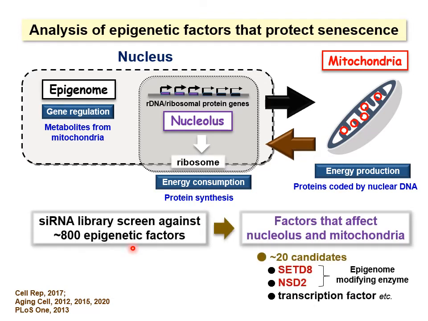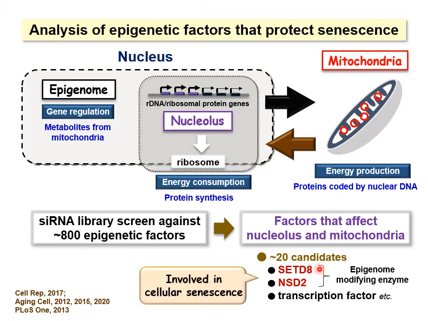So we screen the epigenetic factors that protect senescence. Now we have about 20 candidates. These candidates are involved in cellular senescence, actually protect senescence. We can understand what is the aging epigenome.